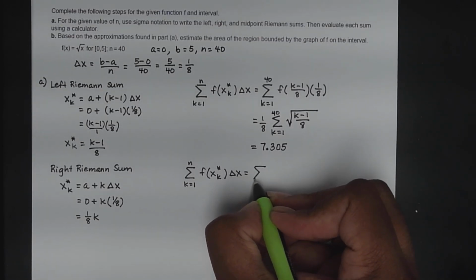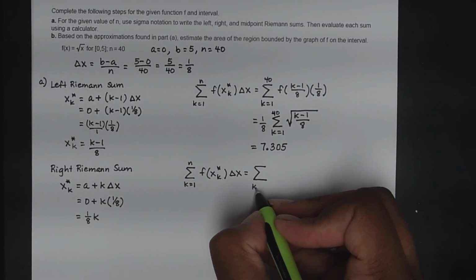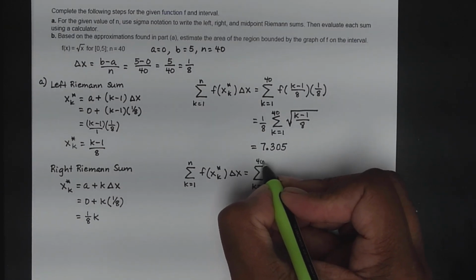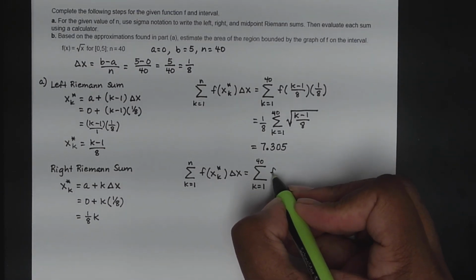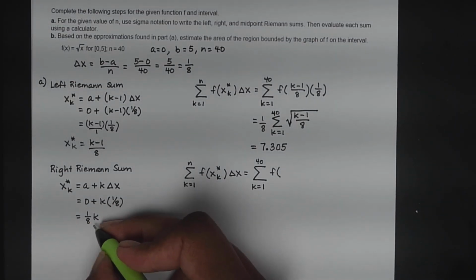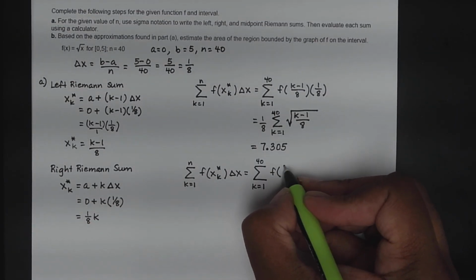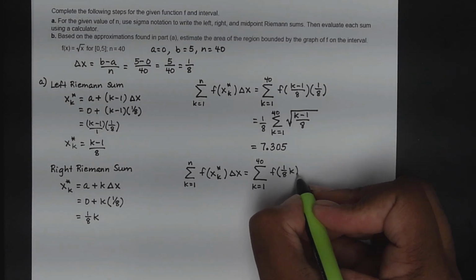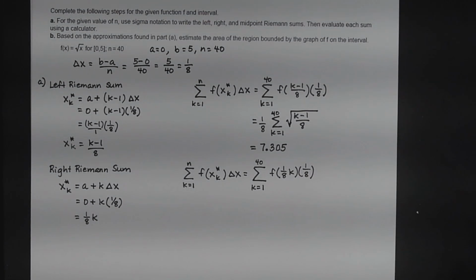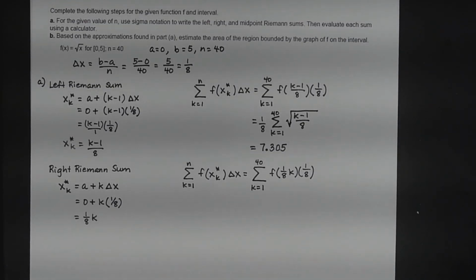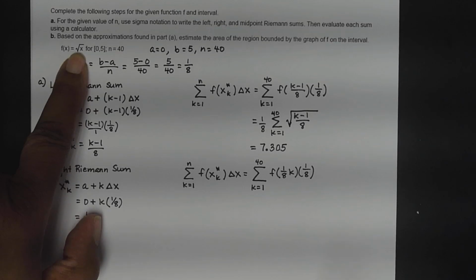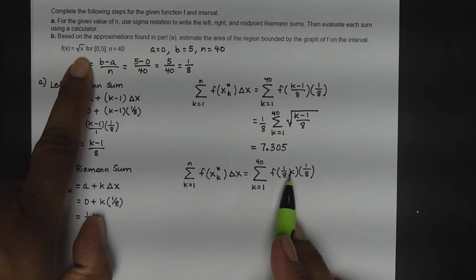If I substitute, that would be the summation for k equals 1 to n, and again n is 40, of f of 1/8 k times 1/8, which is delta x. My f of x, of course, is the square root of x, so in place of this x, I will put the 1/8 k.